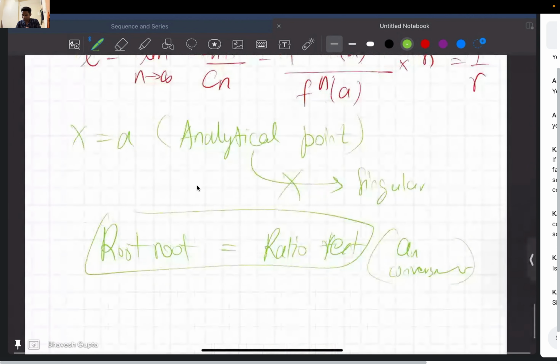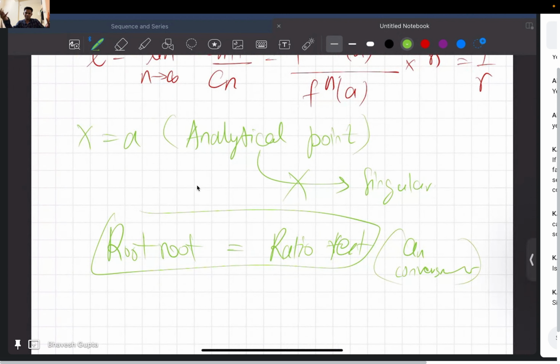When your sequence is convergent, the root test and ratio test will give you the same answer. And interestingly, the inverse of them is the radius of convergence.